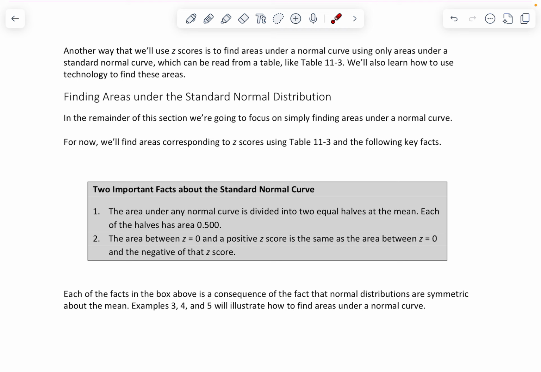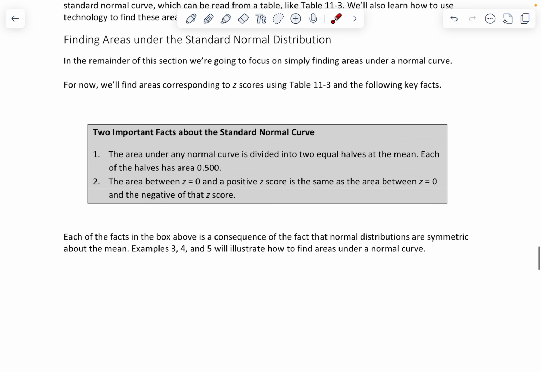We won't delve into that a whole lot in this class, but graphing calculators and Excel are all tools that can also be used to find areas. The primary tool that we're going to use in this section is a table, which there will be a small version of in these lecture notes, but there's also a longer version of the table in your book.